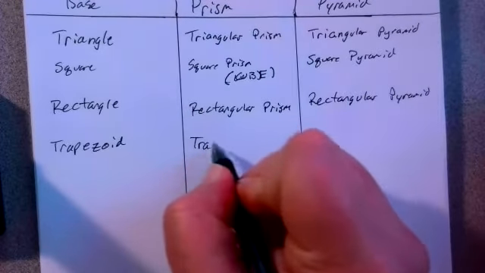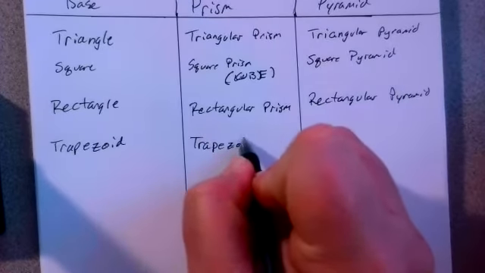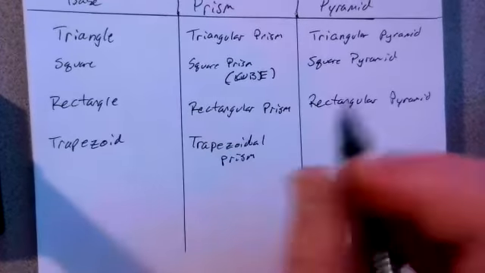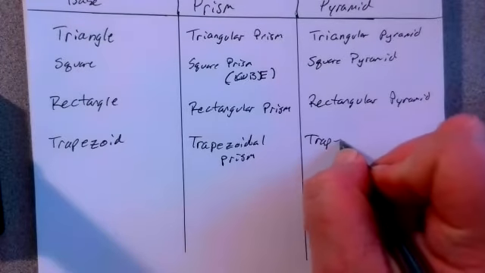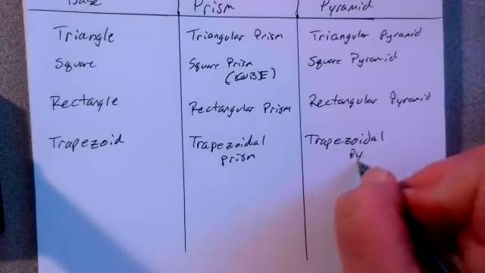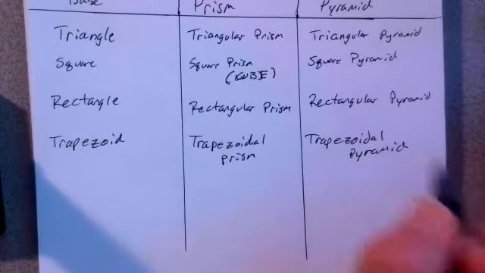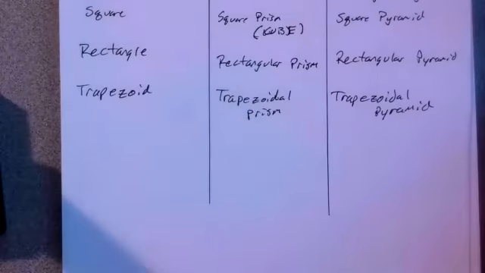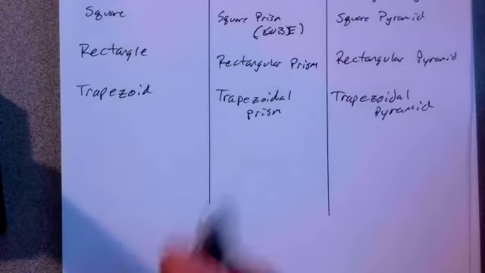We would have a trapezoidal prism or trapezoidal pyramid. That one's cool. A trapezoidal pyramid? Ah, that would be so cool. We're not going to study any of these. But we will look at trapezoidal prisms. Those have some really neat properties.